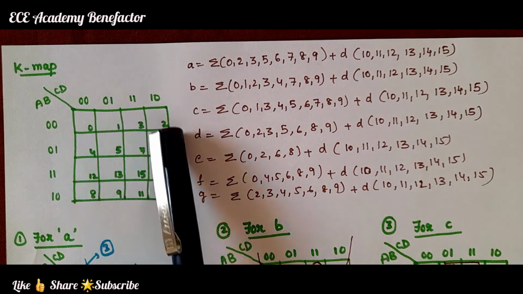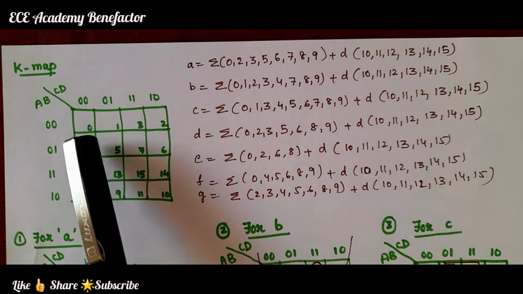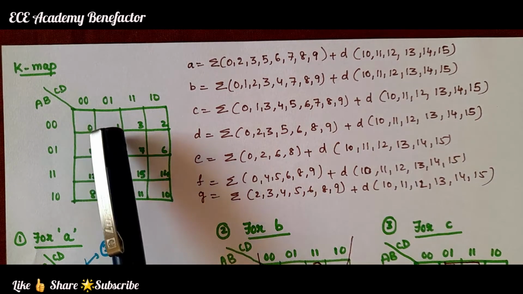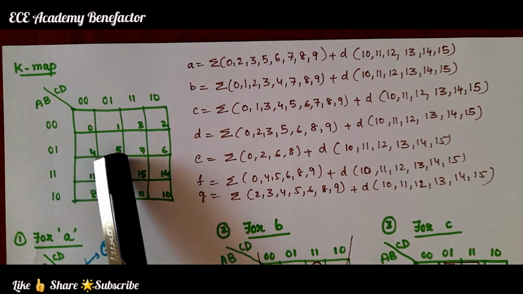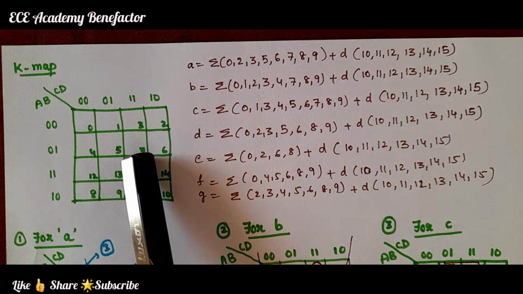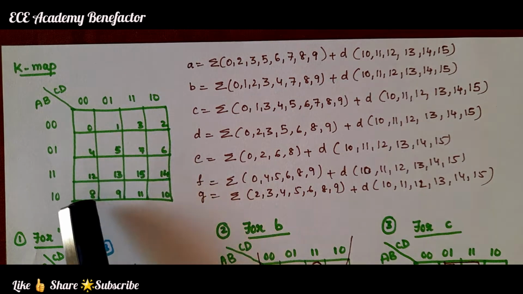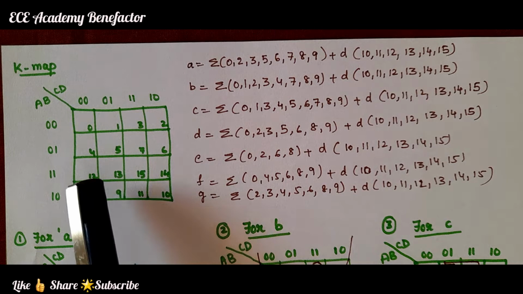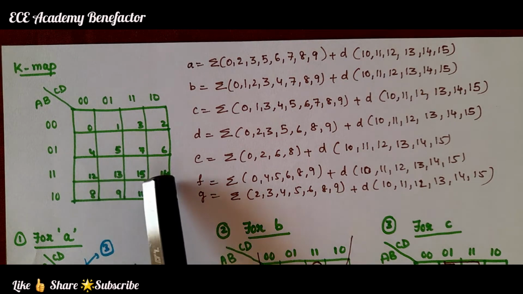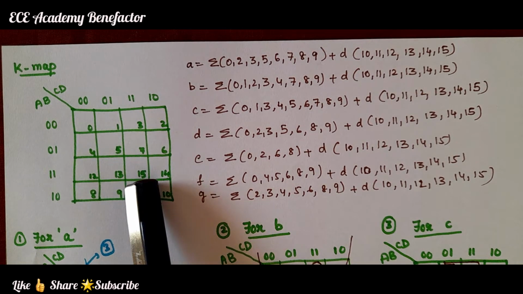Now, let us see inside the cell numbering how they are. It is 0, 1, 2, 3, 4, 5, 6, 7. Then comes 8, 9, 10, 11, 12, 13, 14 and 15.